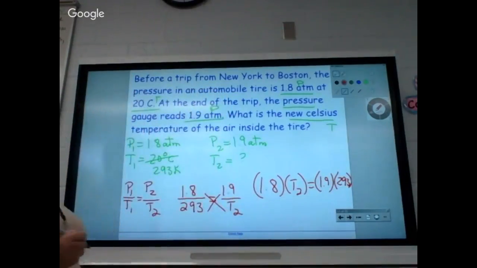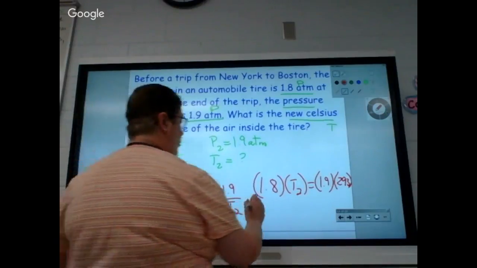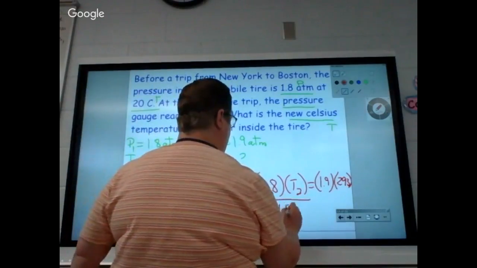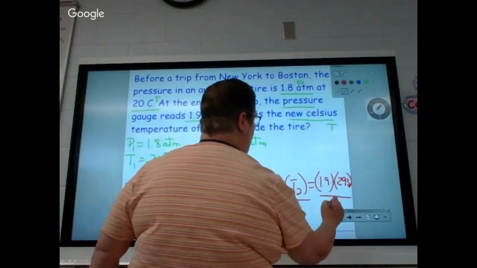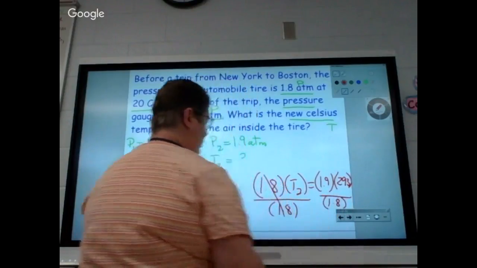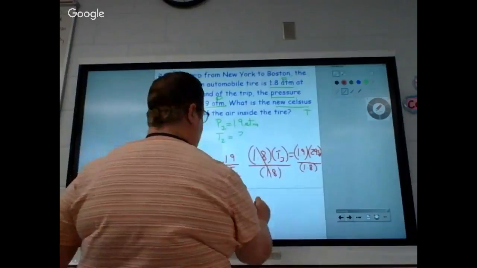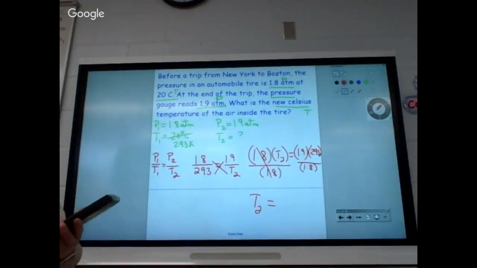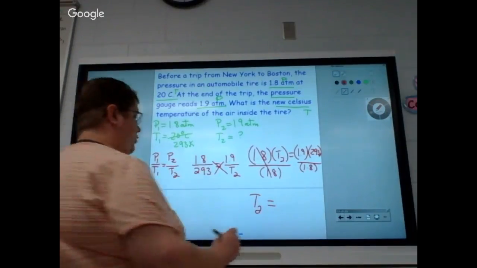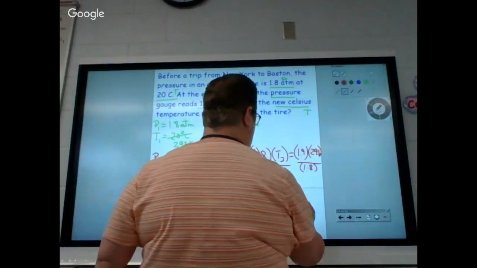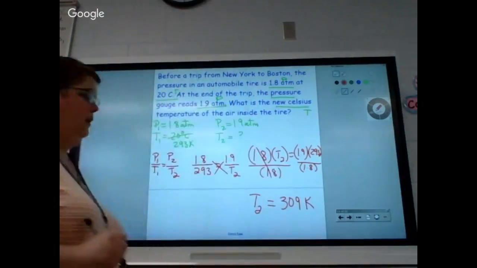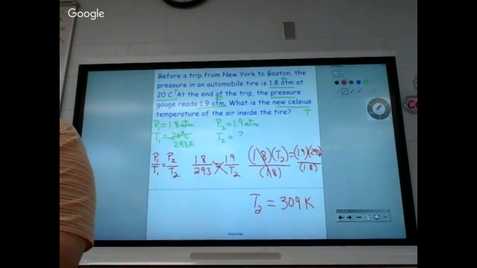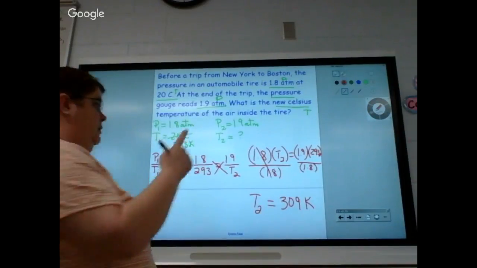To solve for T2, divide by 1.8. So T2 equals 1.9 times 293 divided by 1.8, so 309 K.